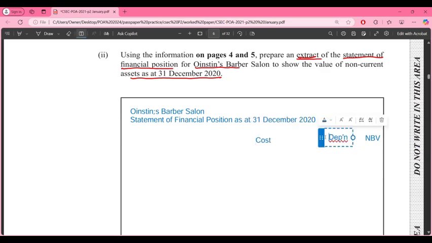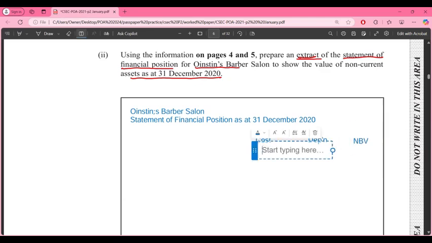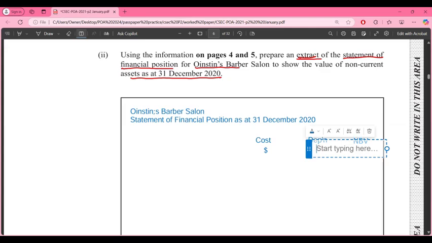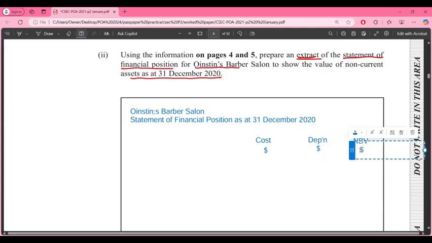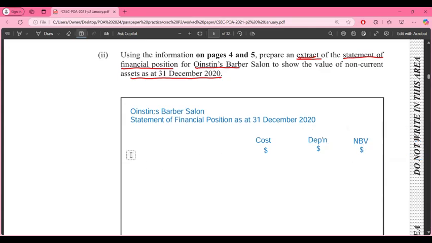So now you will put the cost, the depreciated amount, and your net book value. So what you'll do, you'll put in your dollar signs to make everything systematic and consistent. So you start by putting the non-current assets because that's what the question asks for.